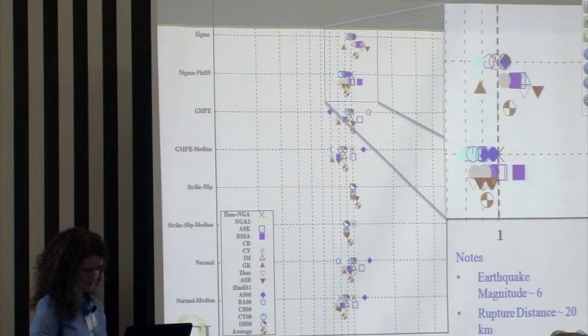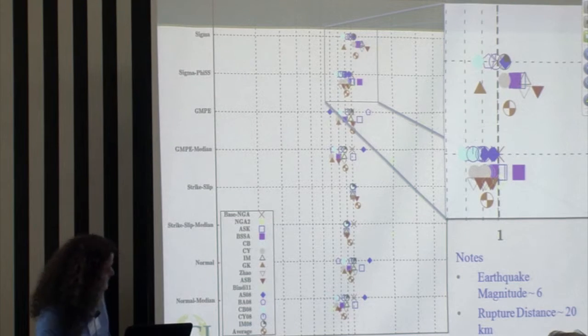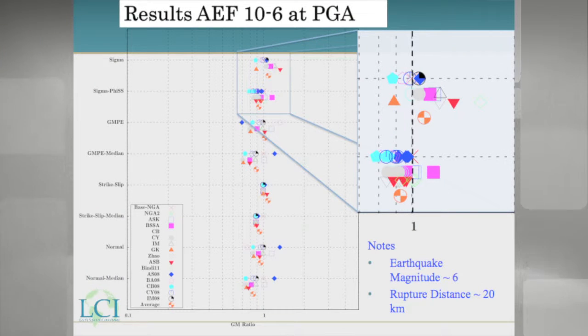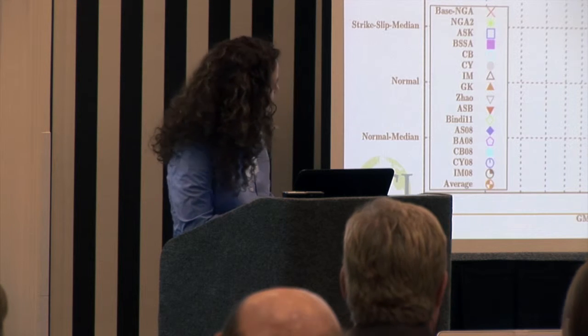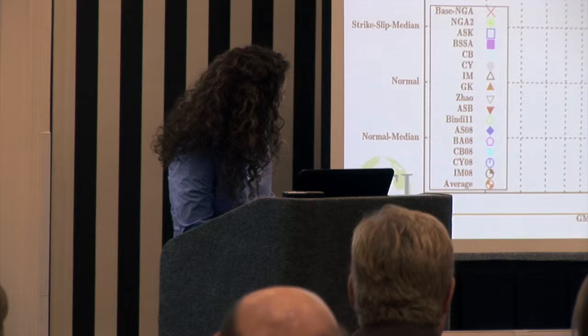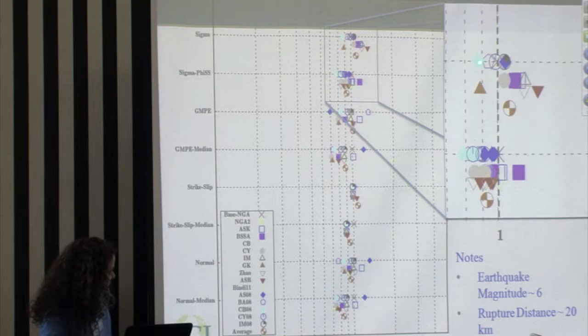Okay, now we're moving to 10 to the minus 6, so similar plots. I'll move a little bit quicker. At 10 to the minus 6, my controlling source is now my normal fault. It's my host source, so it's a magnitude 6, close in distances. So the distributions have changed a little bit. I still have a close agreement with the 2008 models.